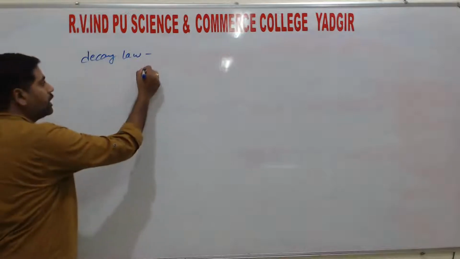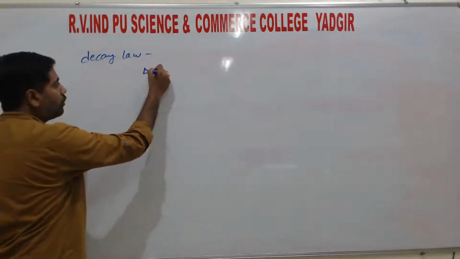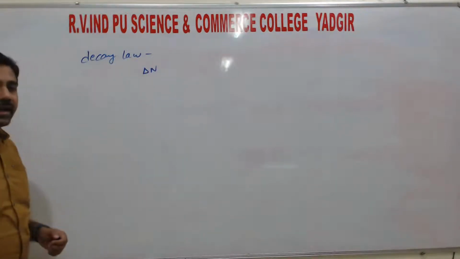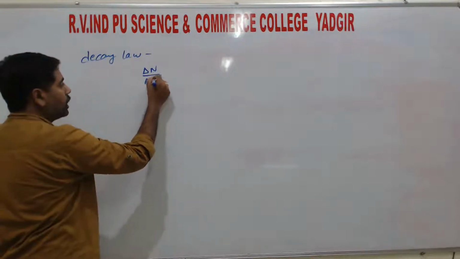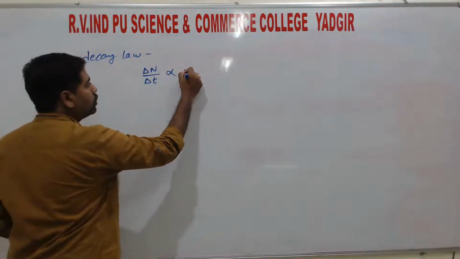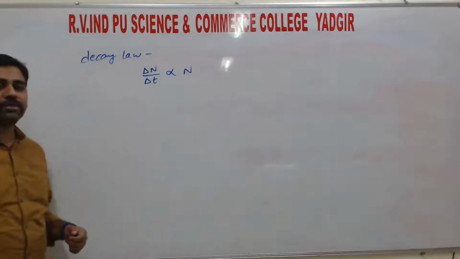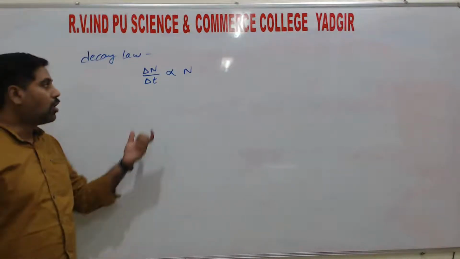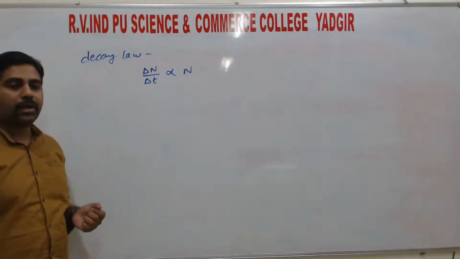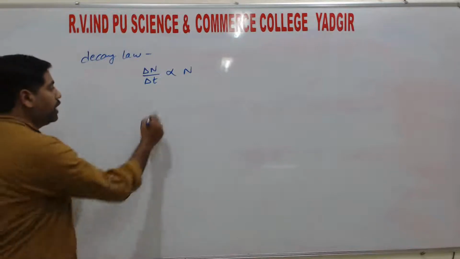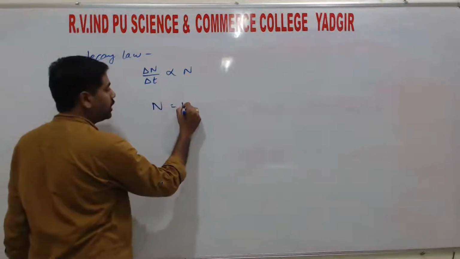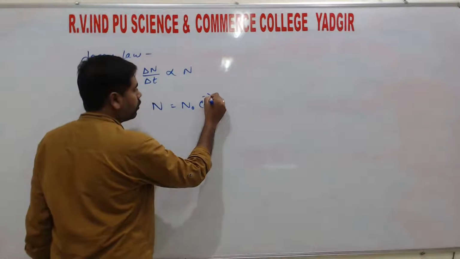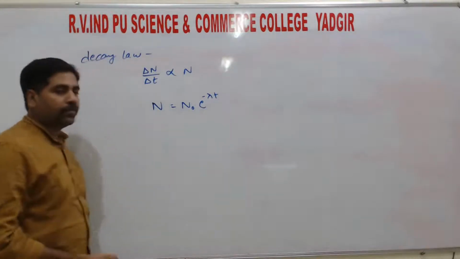The statement of the decay law is that the rate of disintegration of nuclei with respect to time is proportional to the number of nuclei present in that sample, right? From this we derive N equals N naught e to the power of minus lambda t, right?